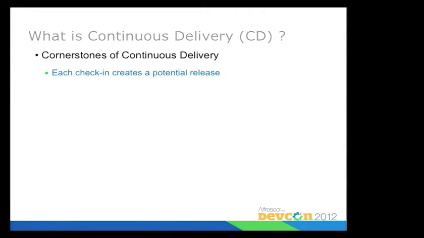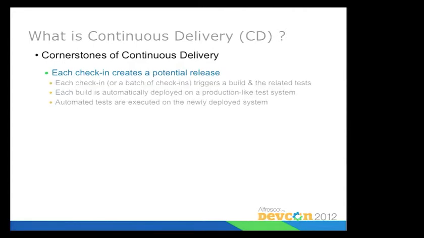So you always have to keep in mind that whenever you're doing something, it gets checked in, that the continuous delivery platform will try to deliver it to a production-like environment and will run real-life tests on that environment. So you can be sure that whatever you checked in is working in an environment as it would work in a customer's environment.